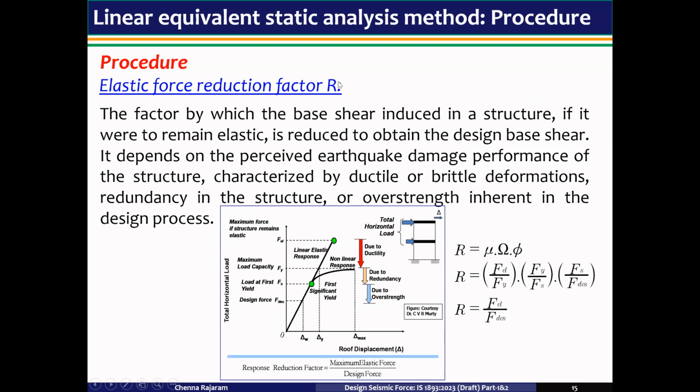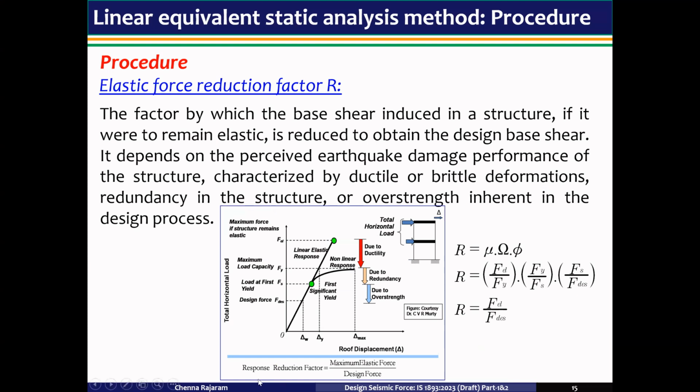Next, elastic force reduction factor R: the factor by which the base shear induced in a structure, if it were to remain elastic, is reduced to obtain the design base shear. It depends on the perceived earthquake damage performance of the structure, characterized by ductile and brittle deformations, redundancy in the structure, and overstrength inherent in the design process.